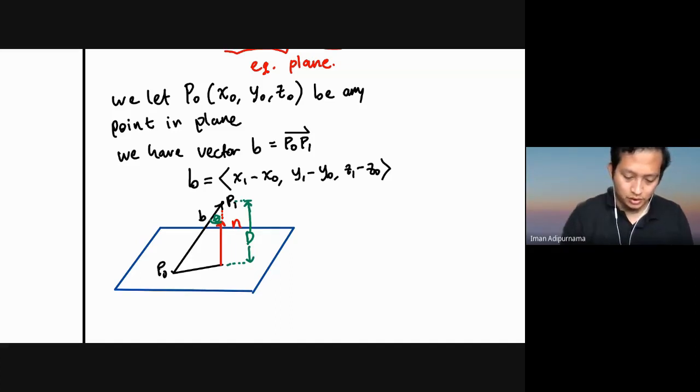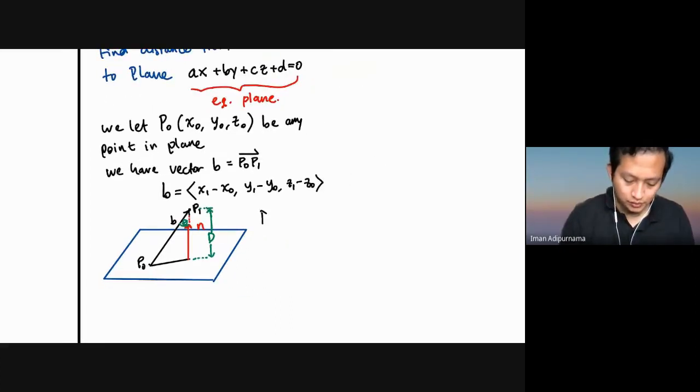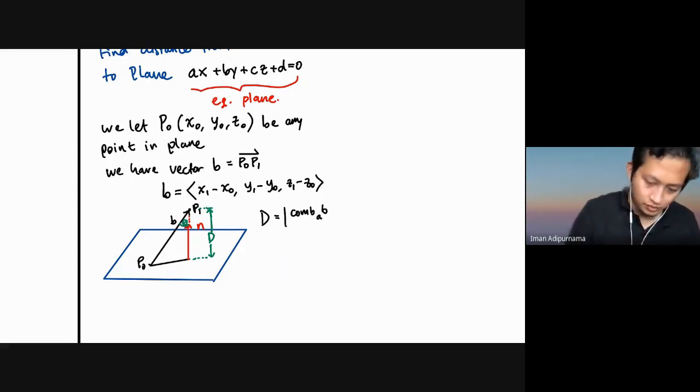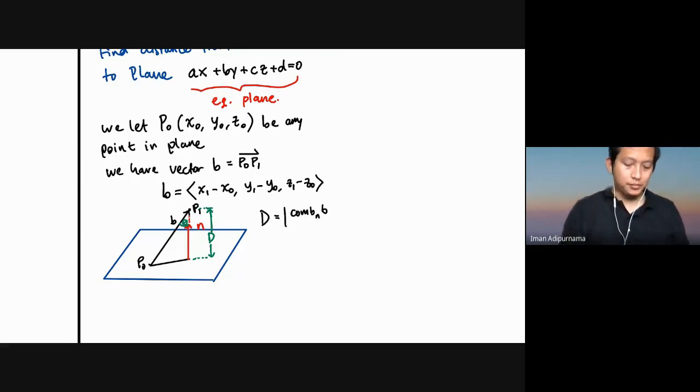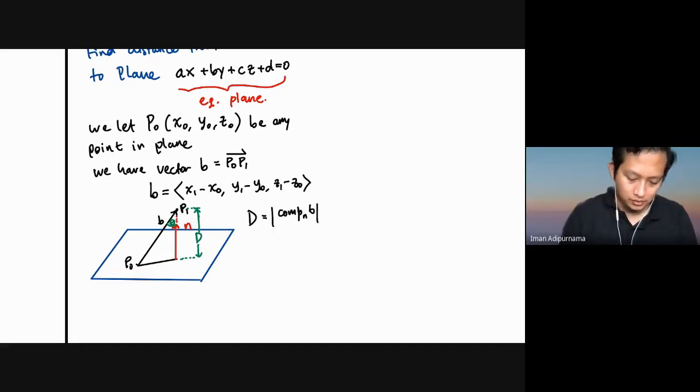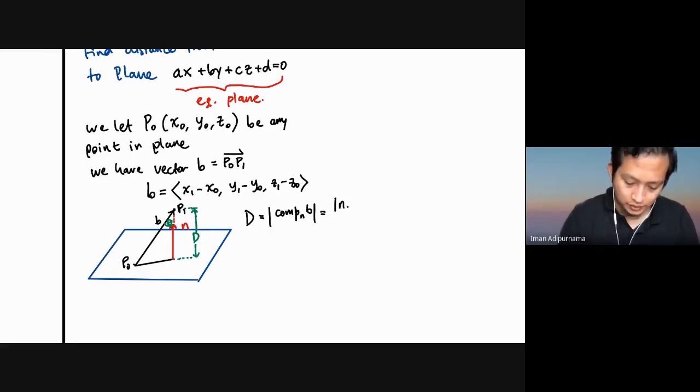If you remember the formula, let me write D is the component of B on N. Okay. So this will be normal vector dot B divided by the magnitude of the normal vector. So we calculate the dot product for N and B.